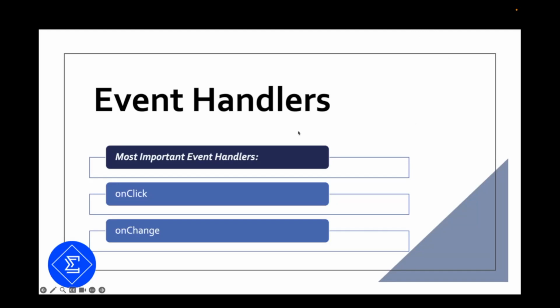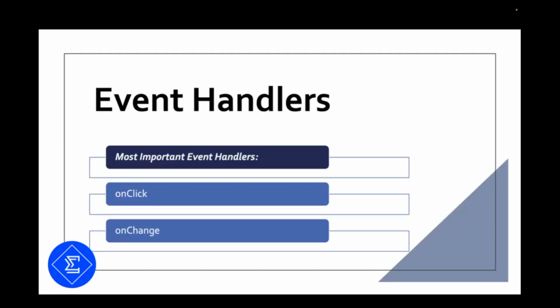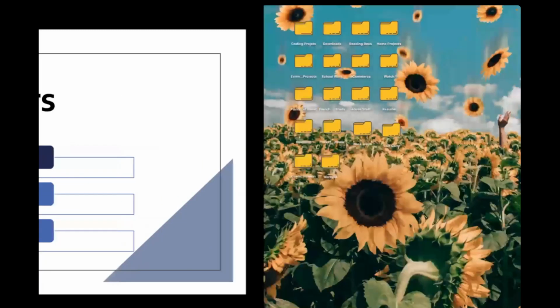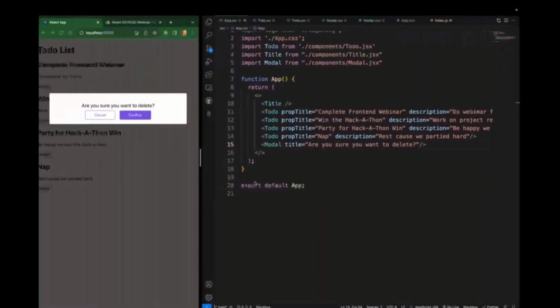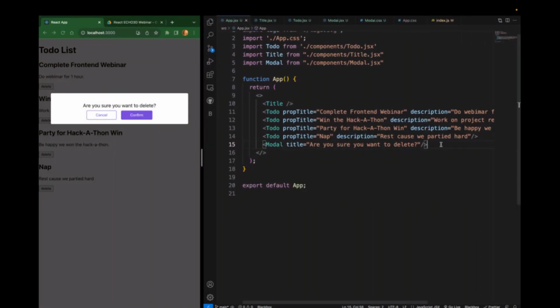That would be an onClick event, and an onChange event would be when this changes, this will also change. So let's say you do a forward button click, when that changes, it changes the slide. Does that make sense? The difference, though, between using them in JavaScript and using them in React is that we don't use capital letters anymore. We all go to lowercase.